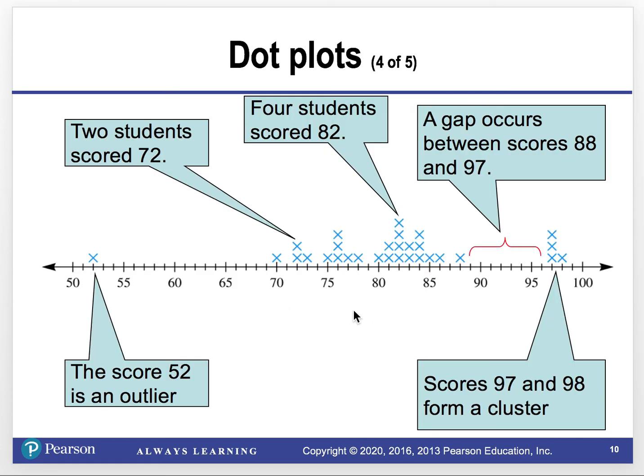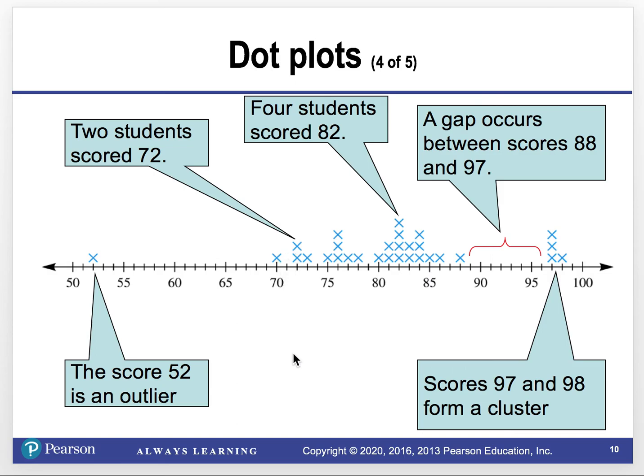Okay, now on dot plots, we have some different terminology. We can have outliers, okay? So an outlier is a data point that's significantly greater or less, like this one, than most of the others.